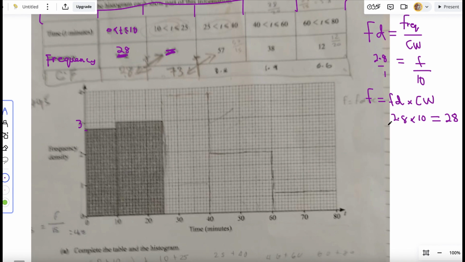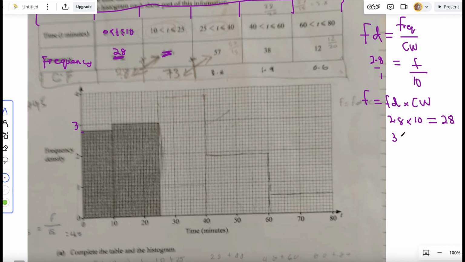For the second case, I will say 3 multiplied by my class width. What's the width from 10 all the way to 25? That's 15. So 3 times 15 gives me 45. So this frequency is 45.